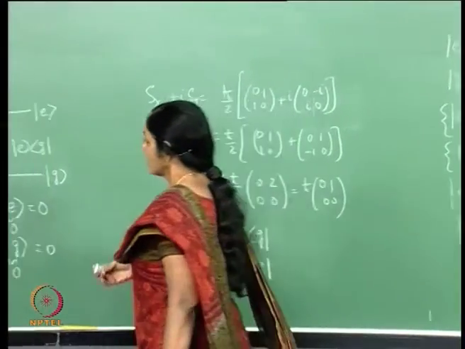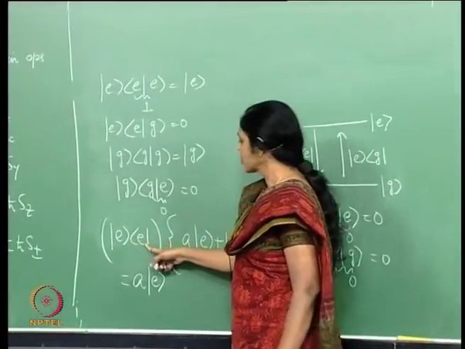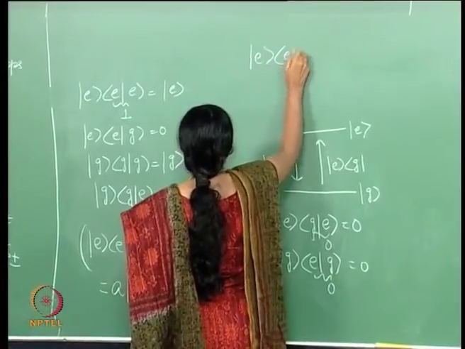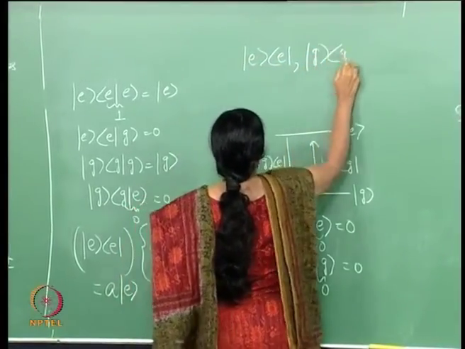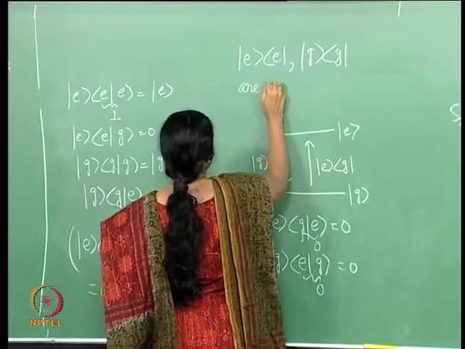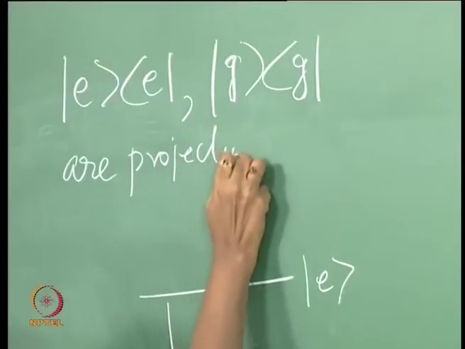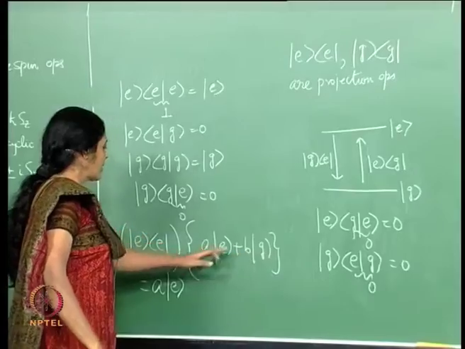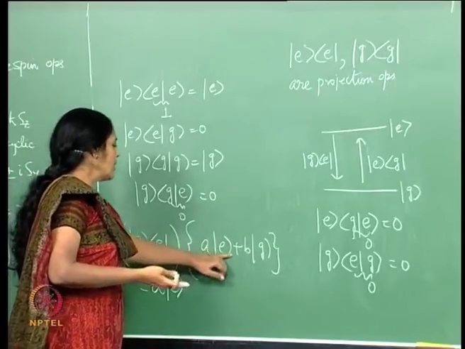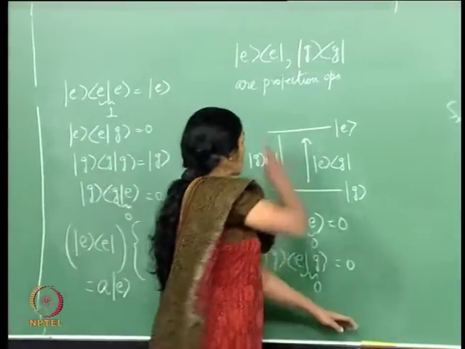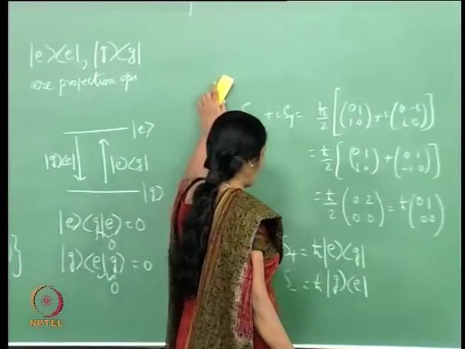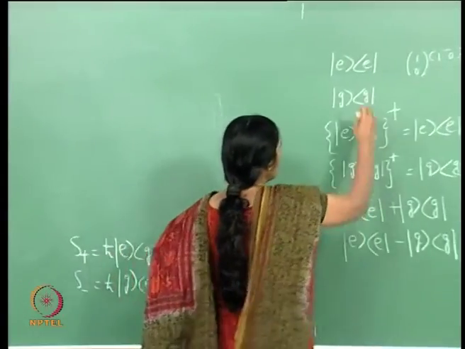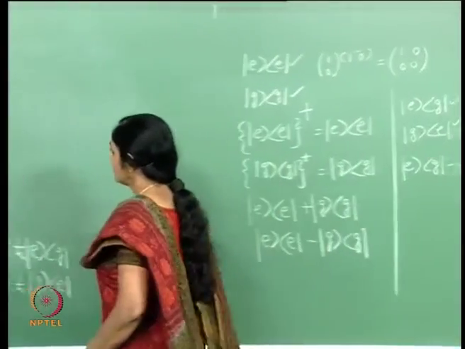In other words, this is a projection operator, and I have identified |e⟩⟨e| and |g⟩⟨g| as projection operators which project a generic state in the direction of ket e or ket g, depending on which operator is used. So now we know what exactly these two do.